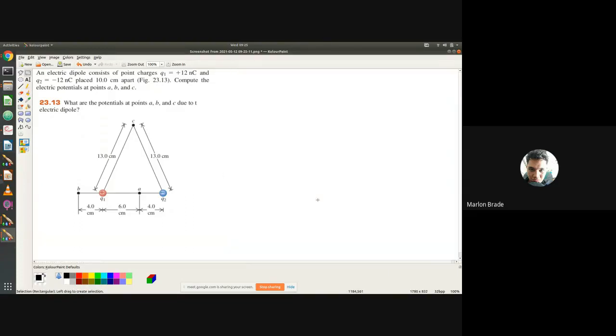So an electric dipole consists of point charges Q1, 12 nanocoulomb, and Q2.